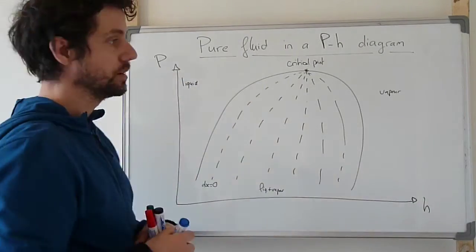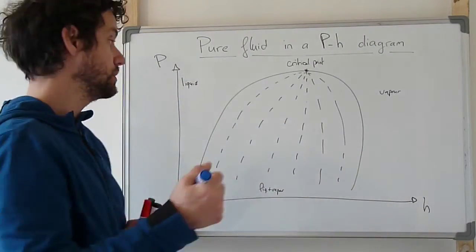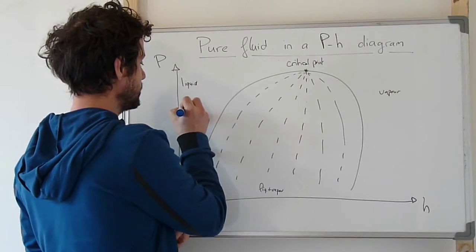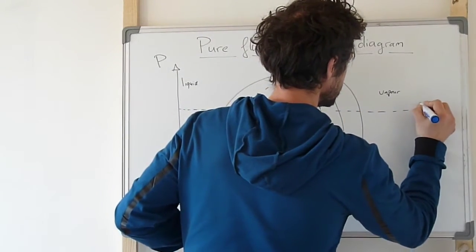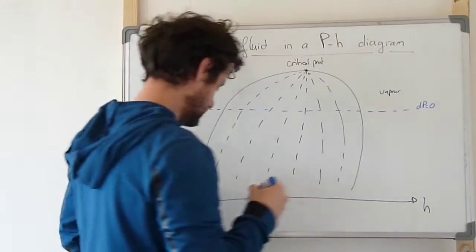For the pressure, it's the y-axis, so it means that the isobaric lines are horizontal in such diagrams. dP is equal to 0.